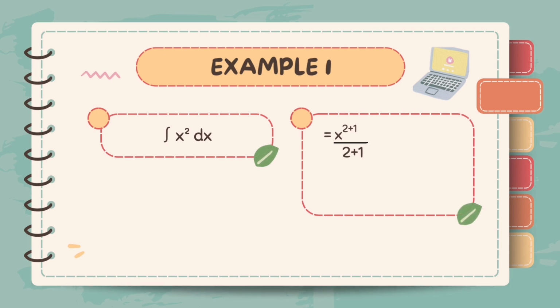After that, we add the exponent. 2 plus 1 is 3, and for our denominator, which is also 2 plus 1, it will also have the sum of 3. Take note that in finalizing your answer, you should never forget the arbitrary constant, which is denoted by letter C.